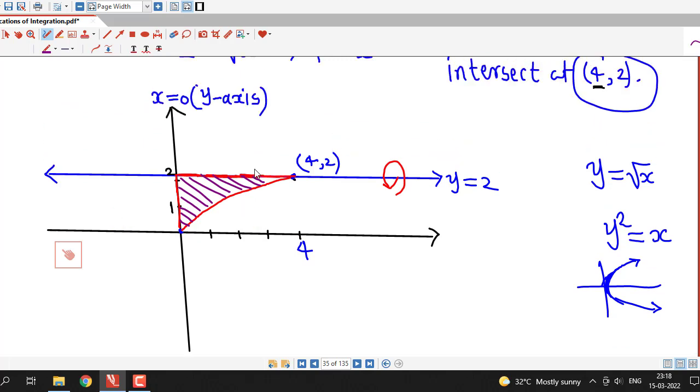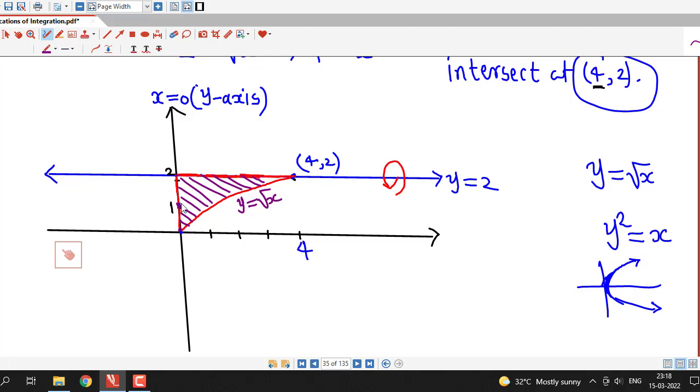So now we try to imagine this solid which will be generated by rotating this region about the line y equal to 2. So that we can imagine, we will consider the mirror image of this y equal to square root of x about the line y equal to 2. So this is at distance 2 from this, so here we can consider that much distance.